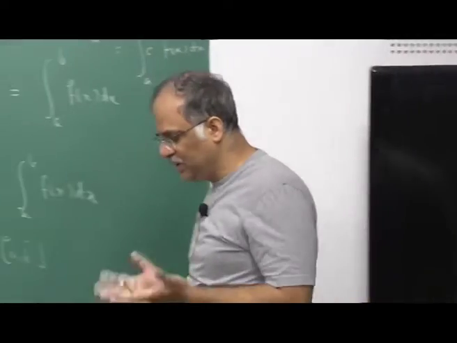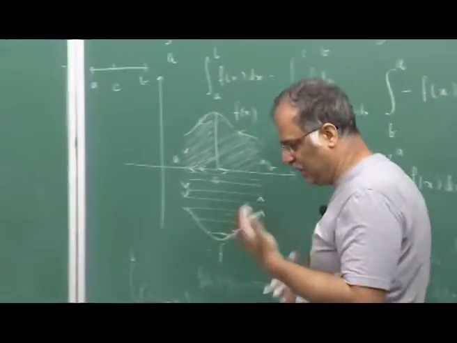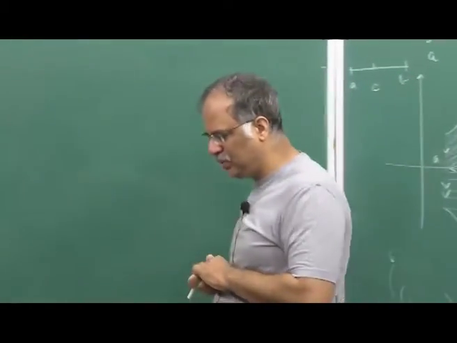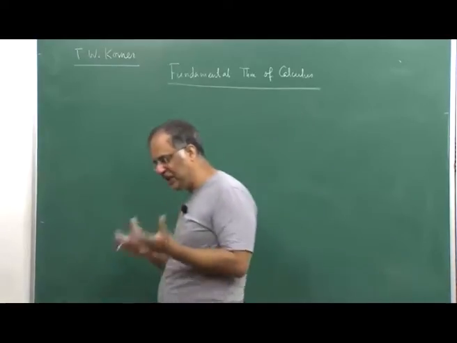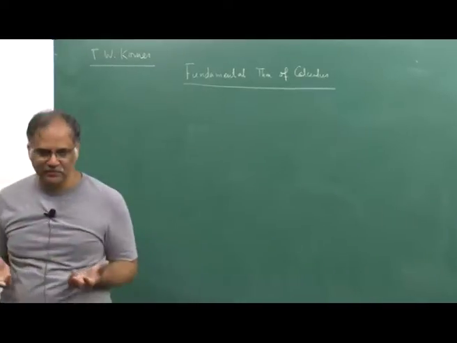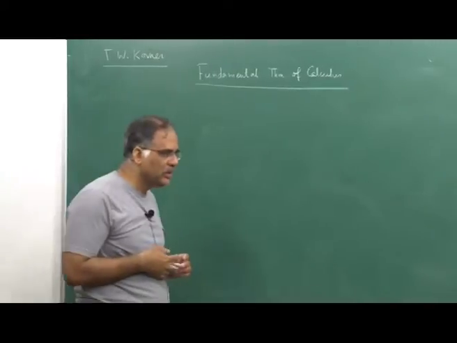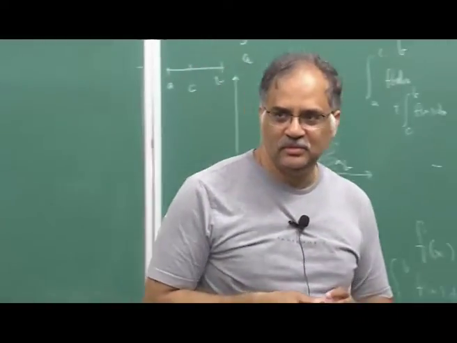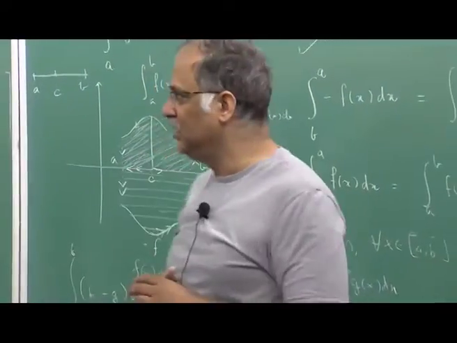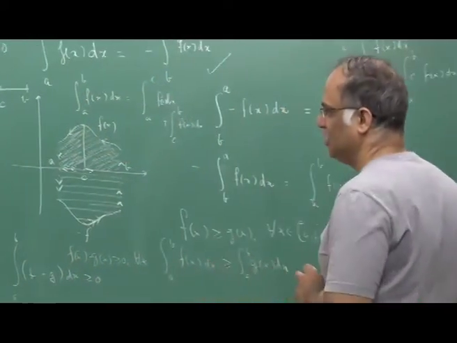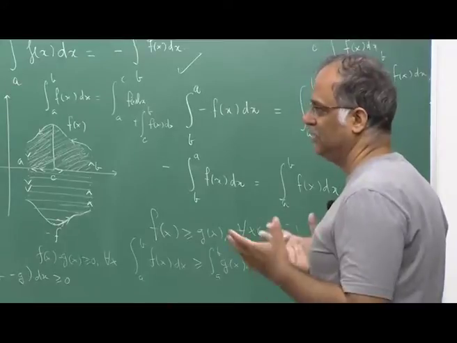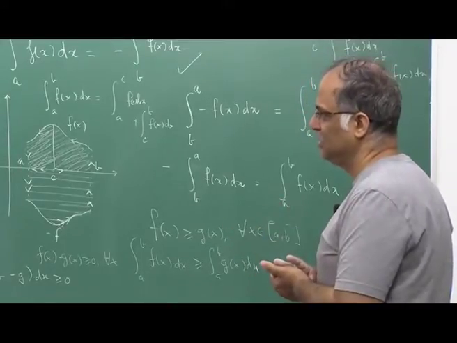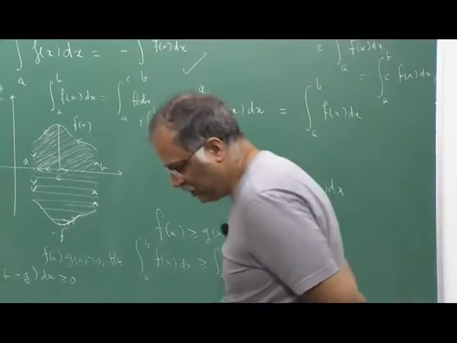So what is the fundamental theorem of calculus? So these Greeks knew about areas and tangents and all these things. But what is the link between area and tangent? This link was only established in the 17th century.